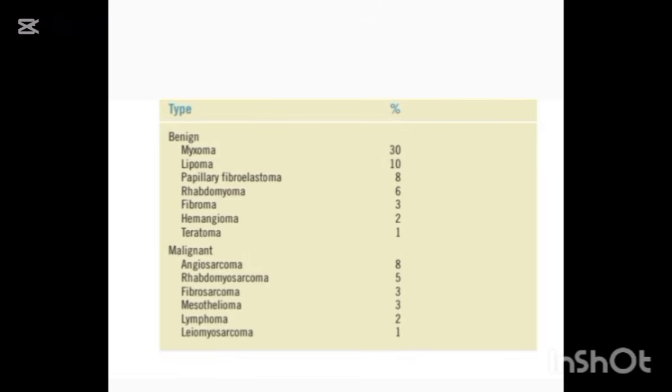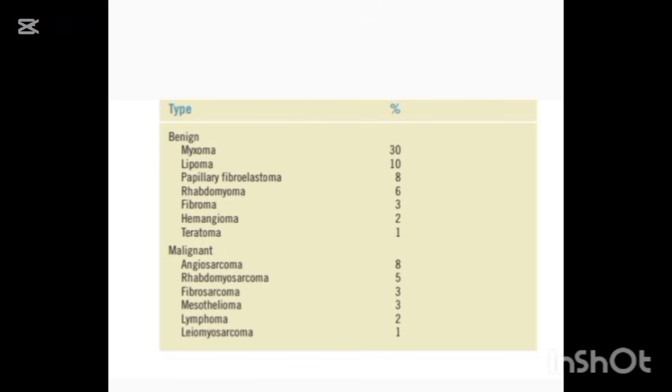Here is a list of cardiac tumors, benign and malignant. The most common benign cardiac tumor is myxoma, which is 30% of the total cardiac tumors.